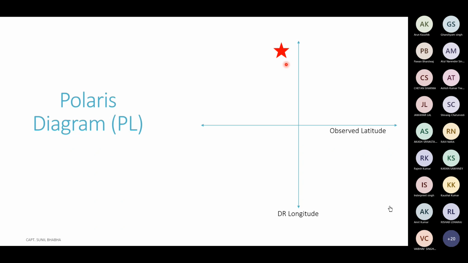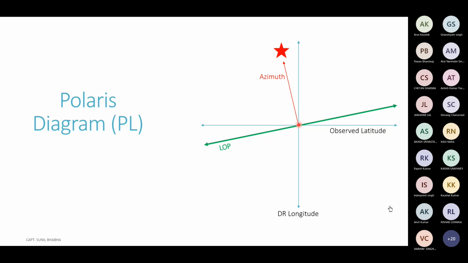Let's assume the pole star is here. So the red arrow shows the azimuth of the pole star and the direction of the PL will be perpendicular to the azimuth of the body. So you see the green colored line having arrows at both the ends represents the position line in case of a Polaris observation.